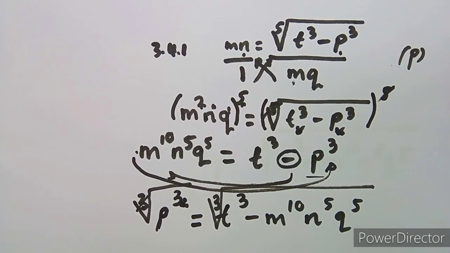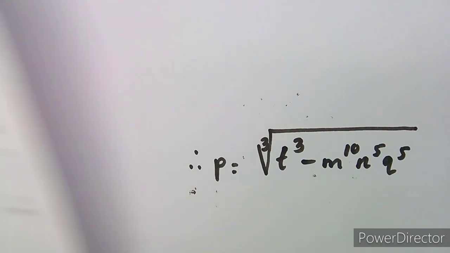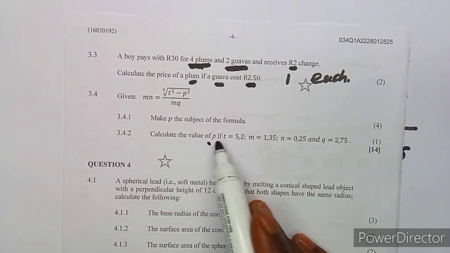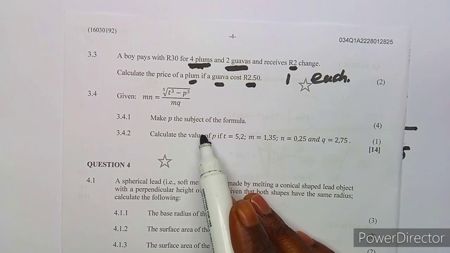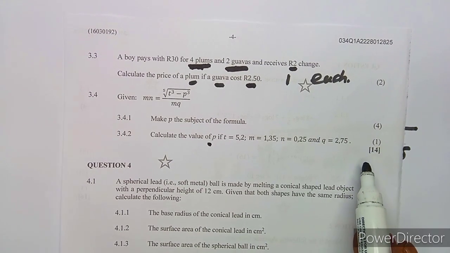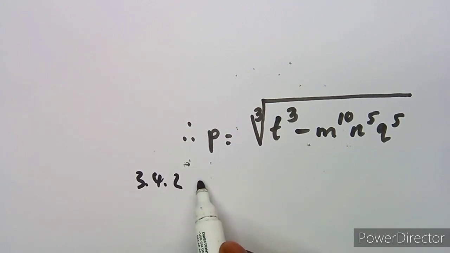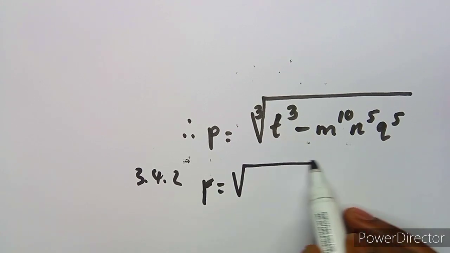So actually that's what you need, and you just have to substitute properly whatever information there to calculate the value of p. Now on 3.42 we are given that, using that value. So we just have to substitute all those values as they are. If you substitute properly it's going to be something like this.